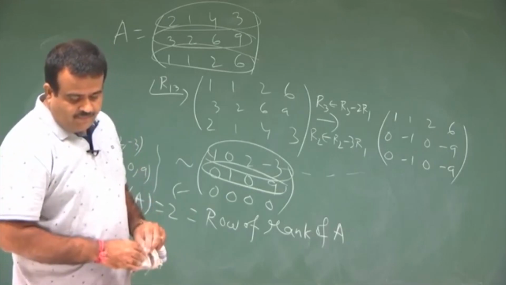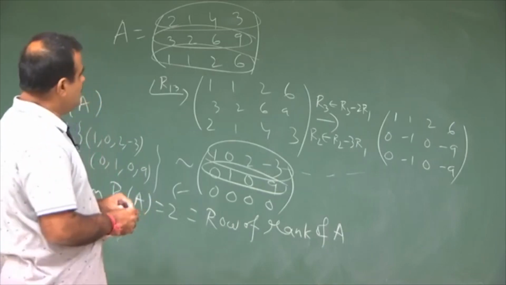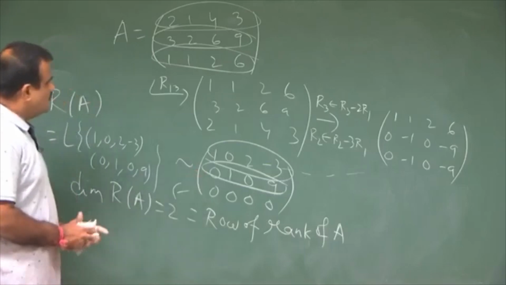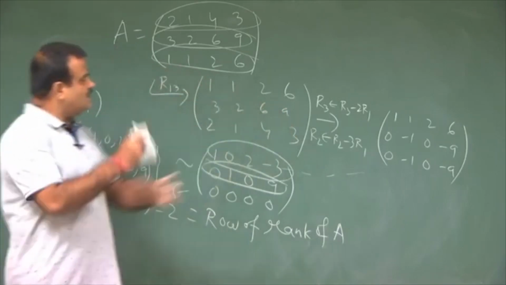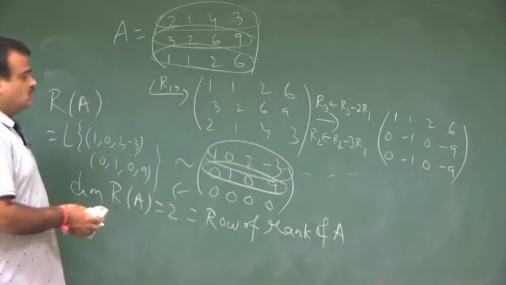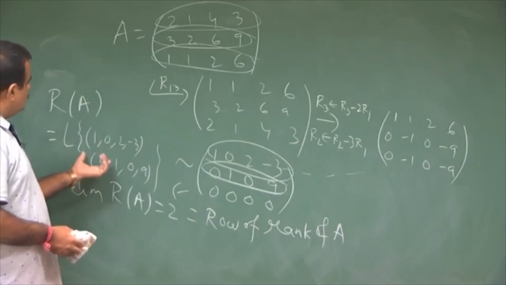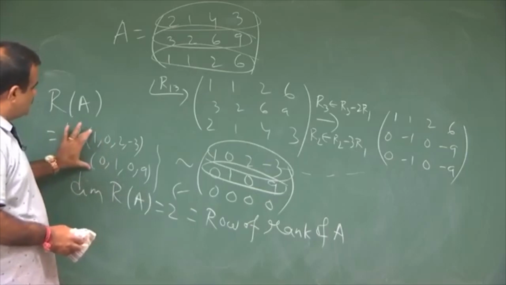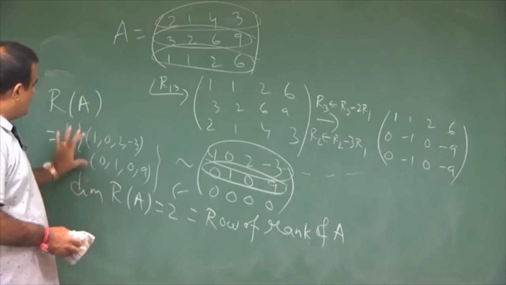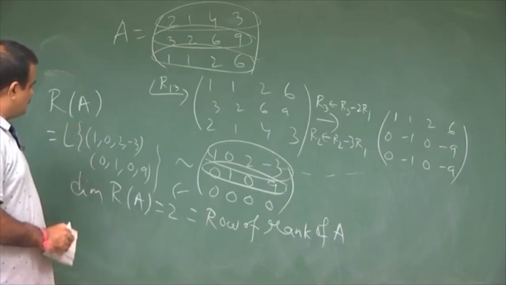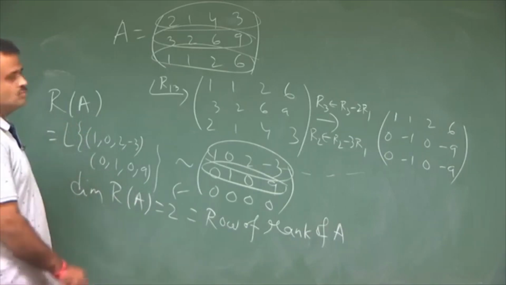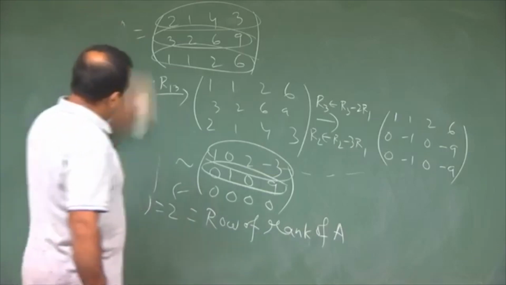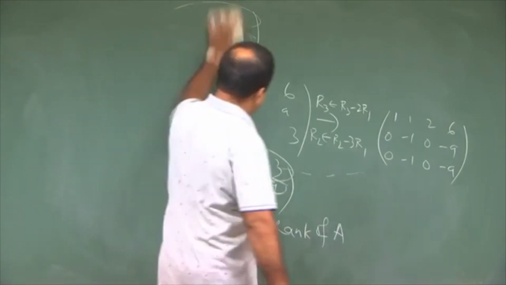So, similarly, we will check that, and this is the row reduced echelon form, standard form, and in this operation we are doing all the linear combinations of the rows. So, finally, we got the 2 linearly independent vectors in the basis. This set will form the basis, and the number of elements in the basis is called the dimension. So, dimension is 2. So, this is the way we find the dimension of a row space.